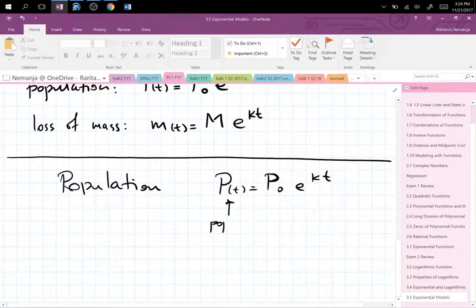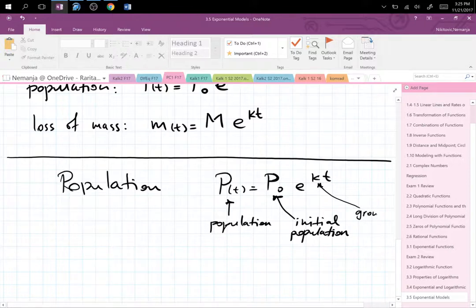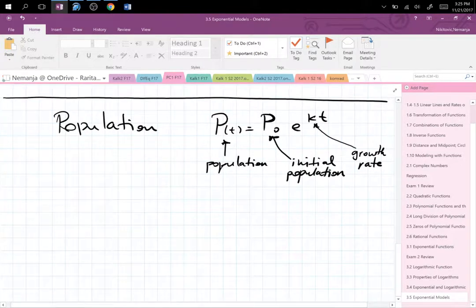So this is population, this is initial population, and this is the growth rate. And for population which increases, that k needs to be positive in order to have growth. We can use the real data for this and discover the process by which this works.